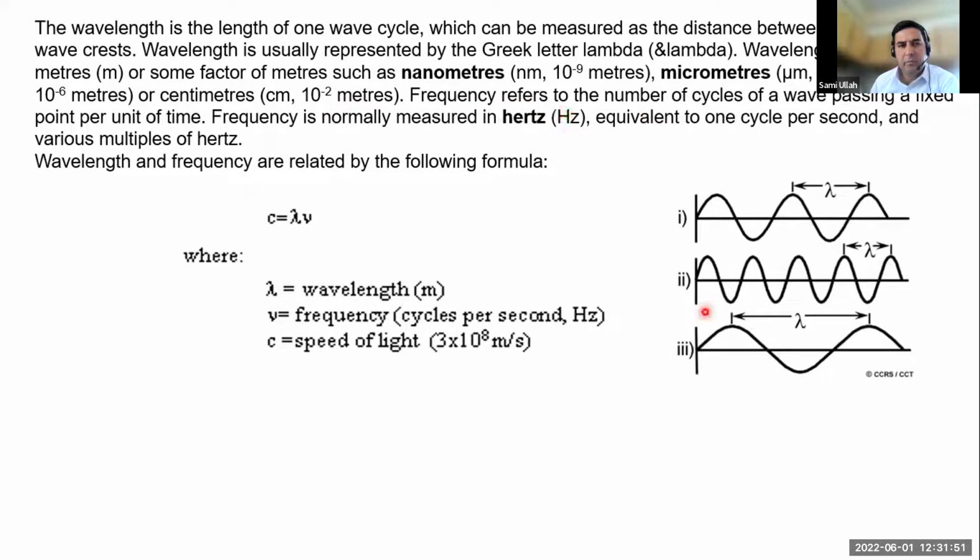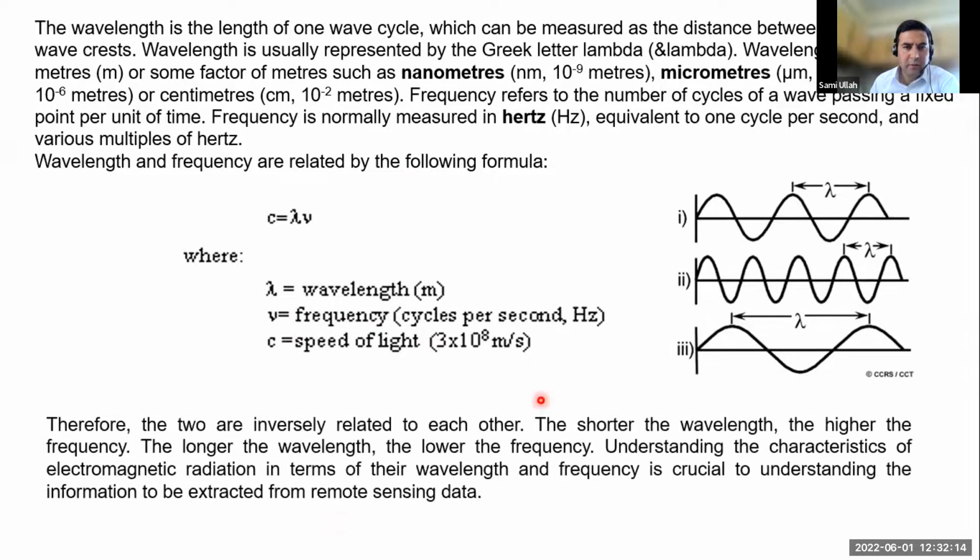Frequency refers to the number of cycles passing a fixed point per unit time. Frequency is normally measured in hertz, equal to 1 cycle per second, and various multiples of hertz. Wavelength and frequency are related by this formula, but these two are inversely proportional to each other.